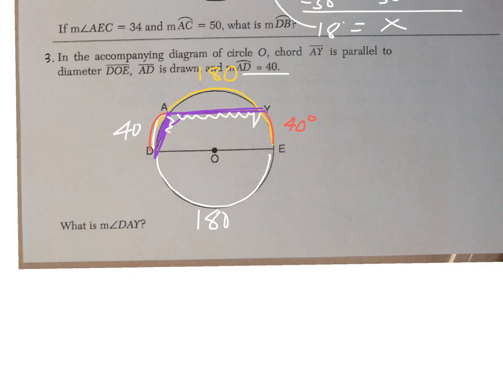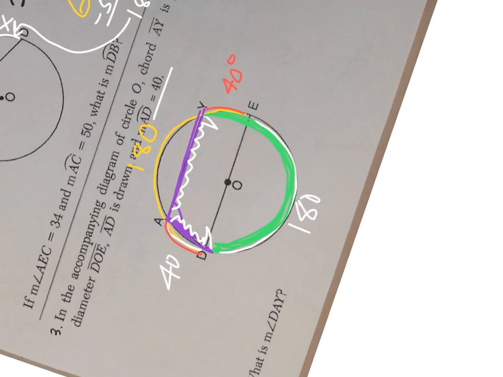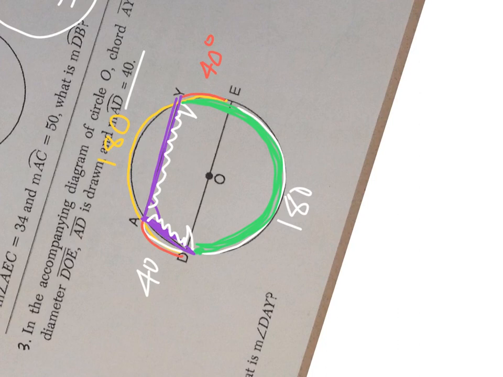So this angle here, angle DAY, is chewing on part of the circle. So look at where the fangs are, and you can see that it's trying to eat all of those degrees that are on that part of the picture. So again, it's chewing on this part of the circle.